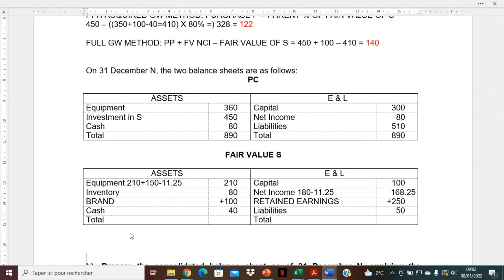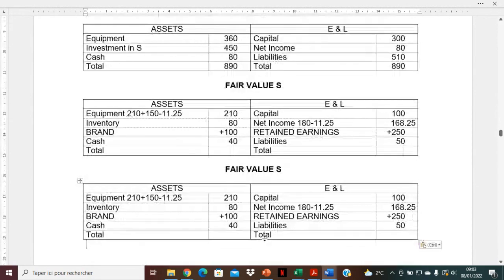Okay, let's use this as a basis, and now I prepare the combined balance sheet. I have to check my solution because I don't remember the numbers.